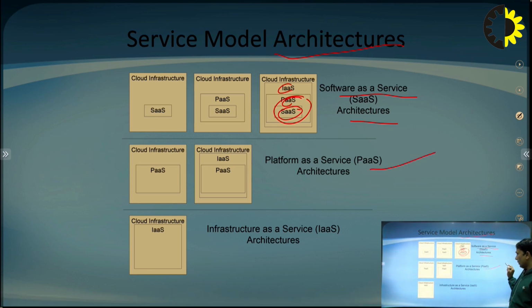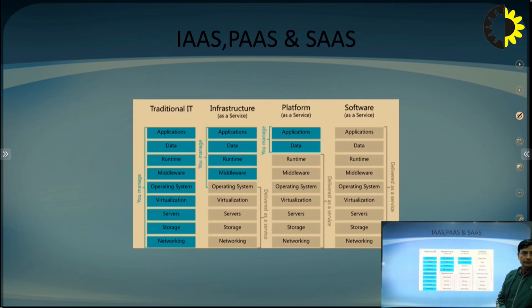This PaaS runs on the infrastructure as a service, and infrastructure as a service means you only have infrastructure as a service. The control of the consumer is shown in this particular figure.